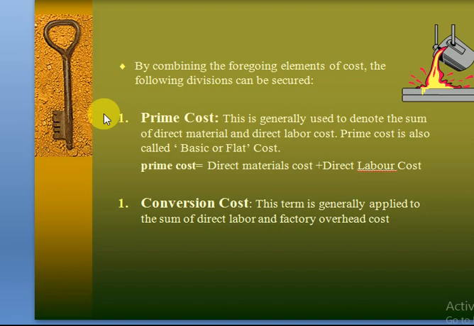So this is called conversion cost, meaning the combination of direct labor and overhead cost. What is that cost called? That cost is called conversion cost.